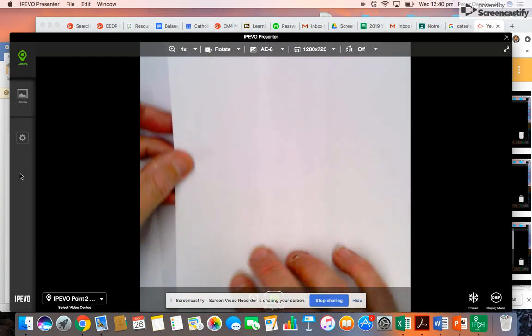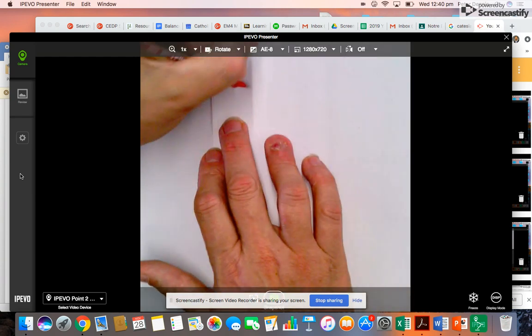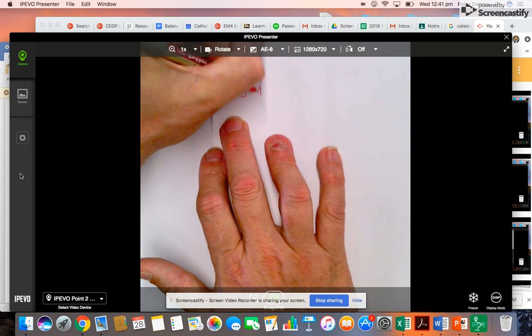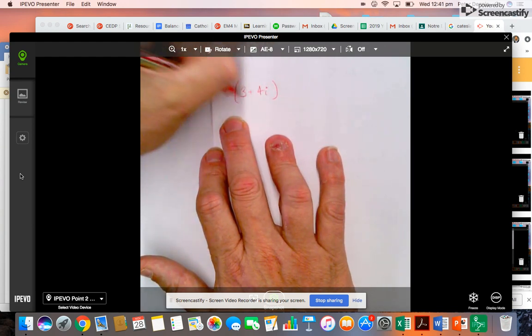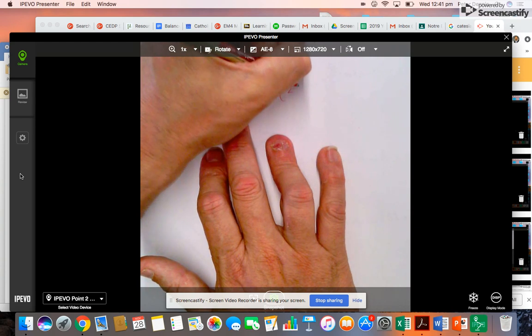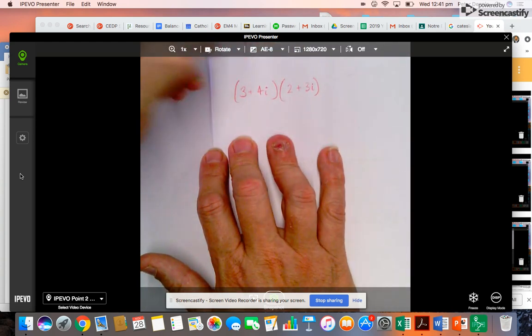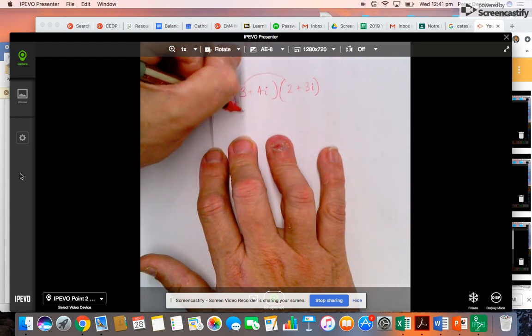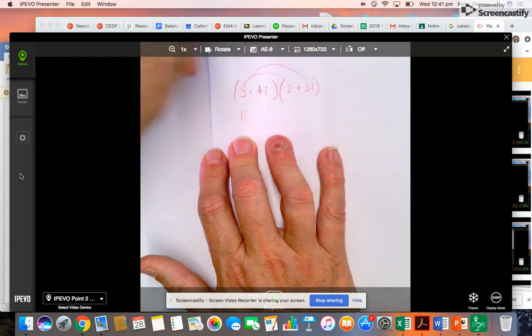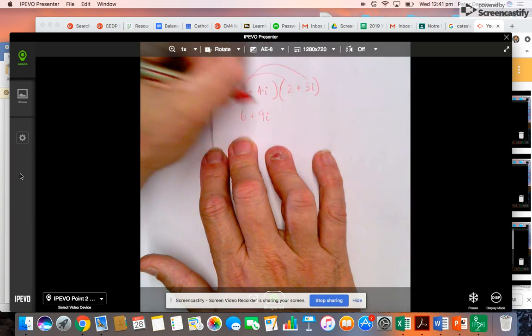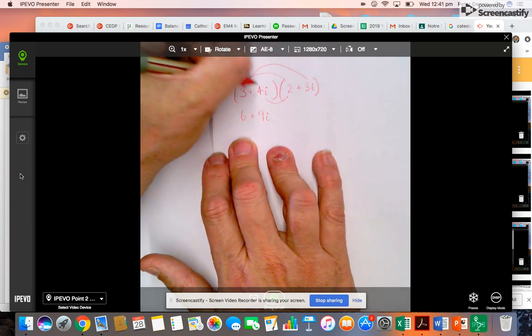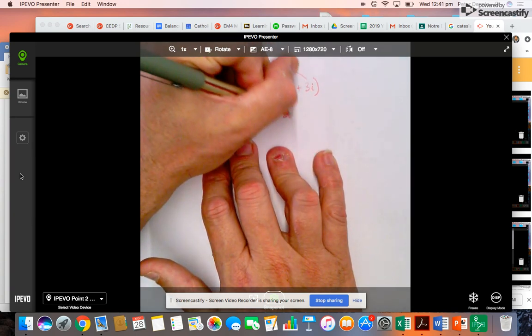When we're timesing, we've got to use our rules a bit. If we're timesing 3 plus 4i by 2 plus 3i, 3 times 2 is 6. 3 times 3i is 9i. 4i times 2 is 8i.